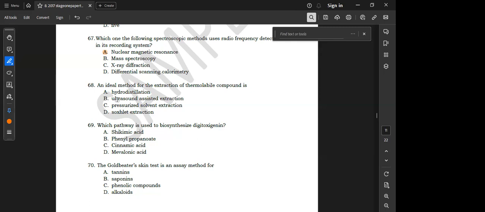Have we discussed these methods of extraction in pharmacognosy? The conventional methods and the new methods. Black Panther says passing ultrasonic waves through a liquid solvent containing particles for ultrasound.